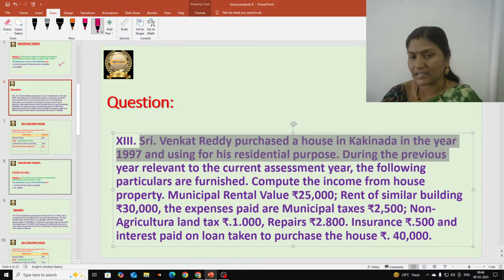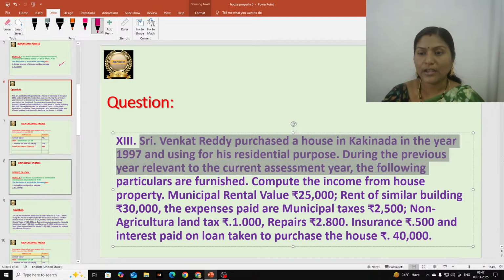By reading that sentence, we understood that the house was purchased in the year 97 in Kakinada, and the assessee's name is Venkat Reddy. And for what purpose is he using the house? He is using the house for residential purpose, and he is staying in it. So he is not giving it on rental basis. It is a self-occupied house.